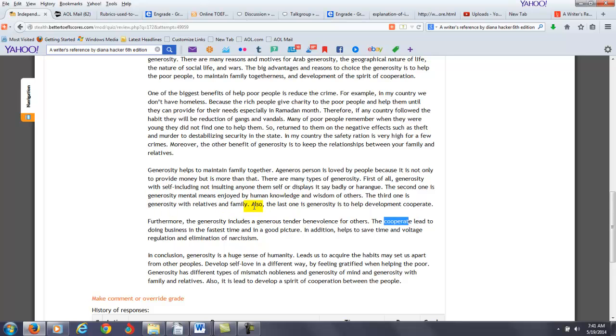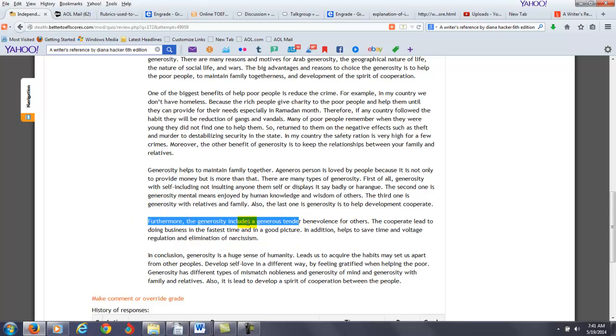Generosity includes a generous tender of kindness for others, leading to cooperation. You see what I'm saying? But also you have to tie this back to the last reason: countries should adopt generosity because it will help society cooperate more. You might use a topic sentence like that.